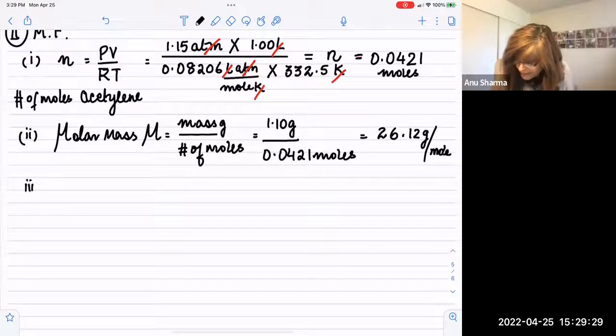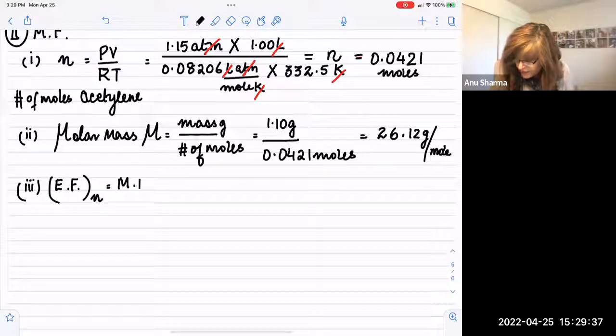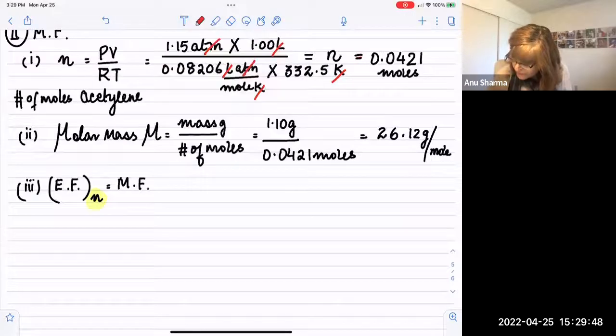Next thing is the numerical value. So remember that the empirical formula times some number is equal to the molecular formula. And in order to find this, what do we do? We get this number, this n. This n is the numerical number.